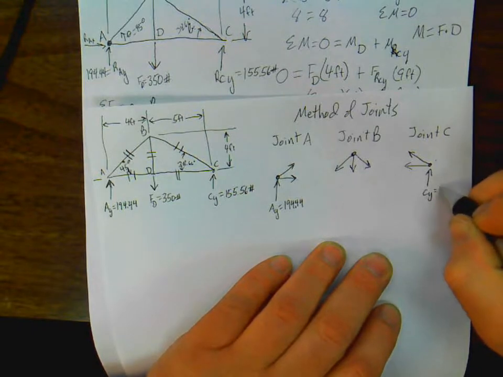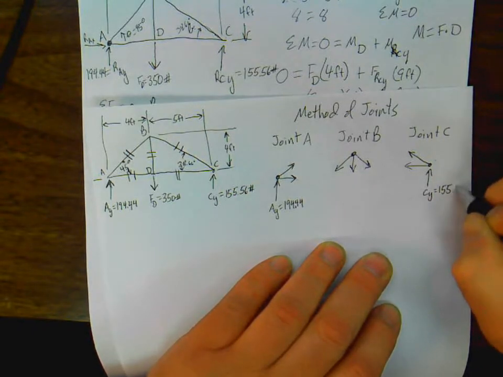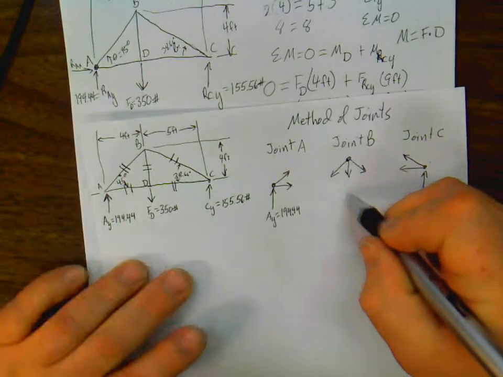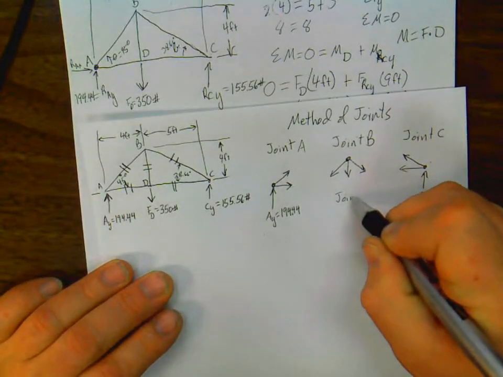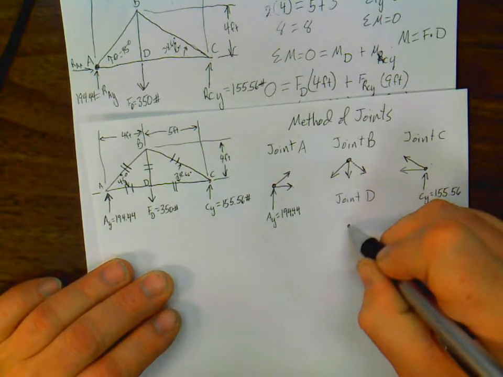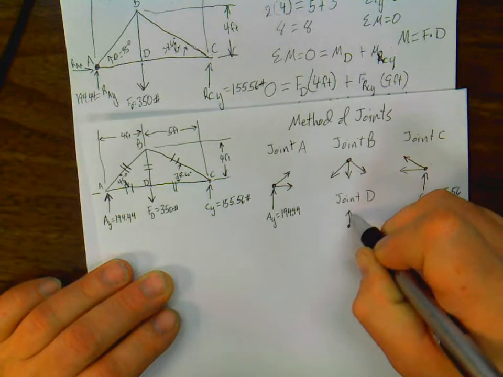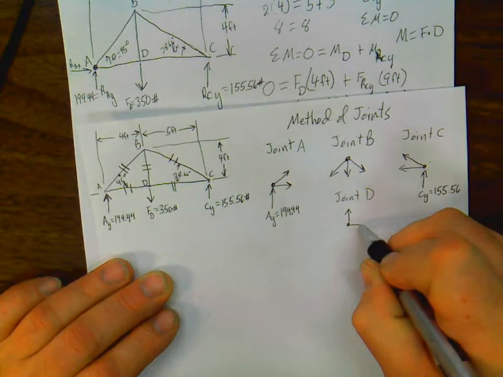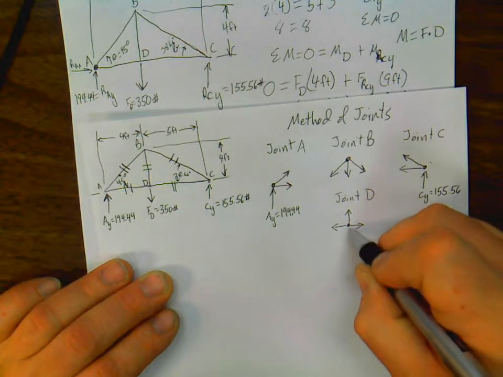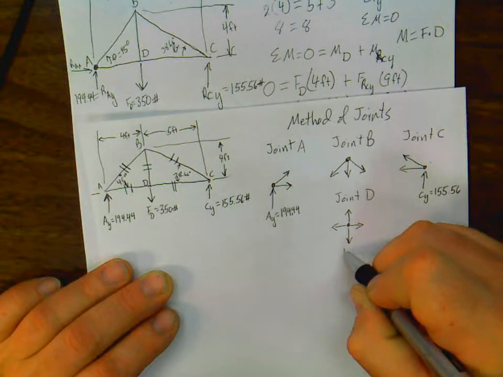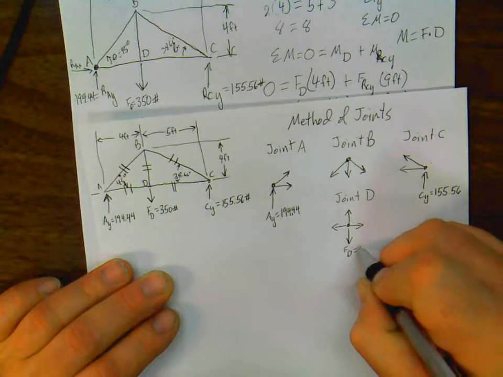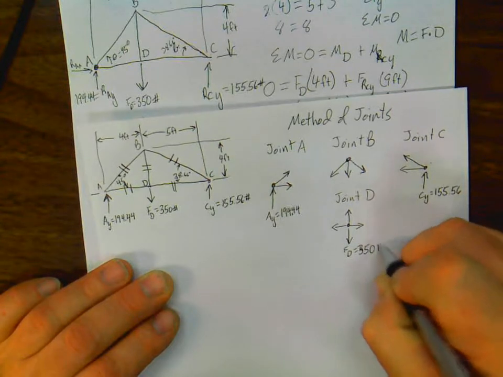And the fourth joint is joint D. Joint D has actually got one going this way, one going this way, one going this way, and our force at D, which is the 350 pounds. Now, again, as we do this, you are now faced with a choice.